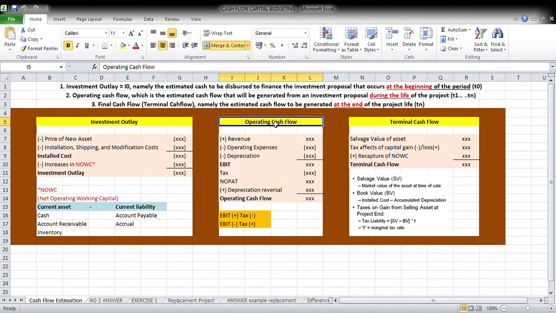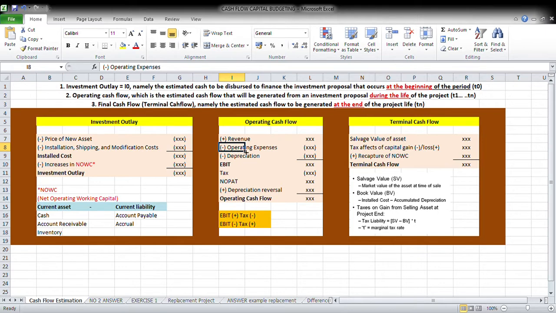The next is operating cash flow. We have a revenue; maybe in the question there is no revenue, or maybe there is revenue, so it can be given, and then minus operating expenses. Please pay attention here: if it is minus operating expenses, it means that we use expenses or financing of expenses.